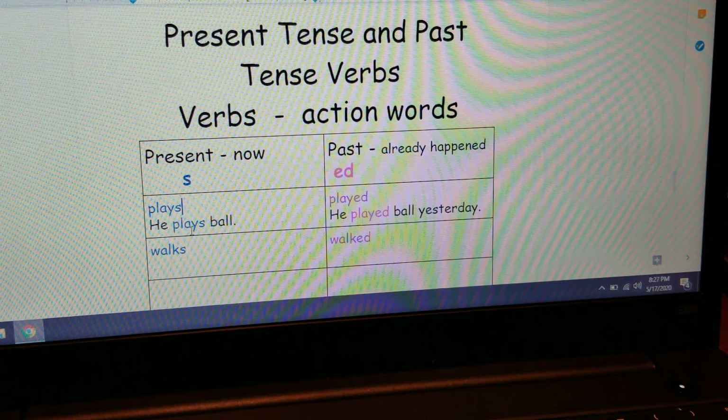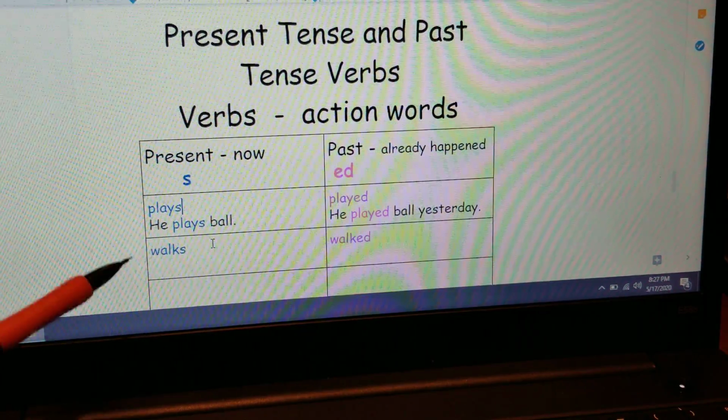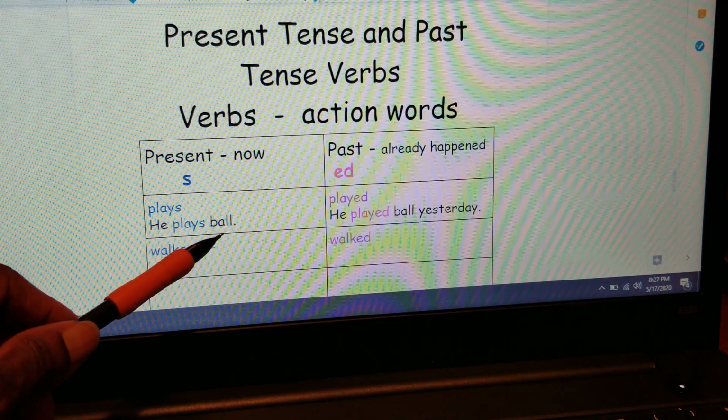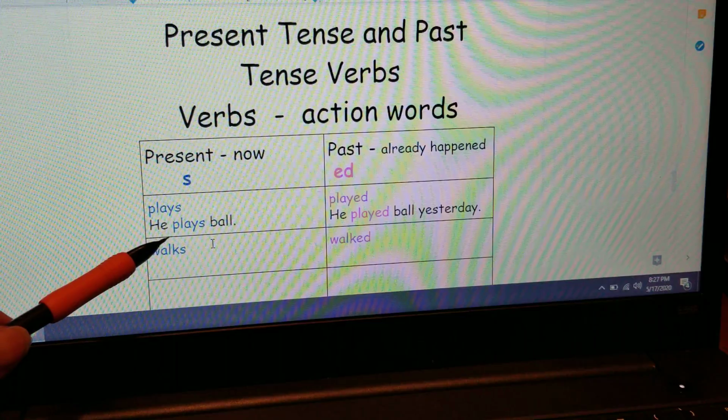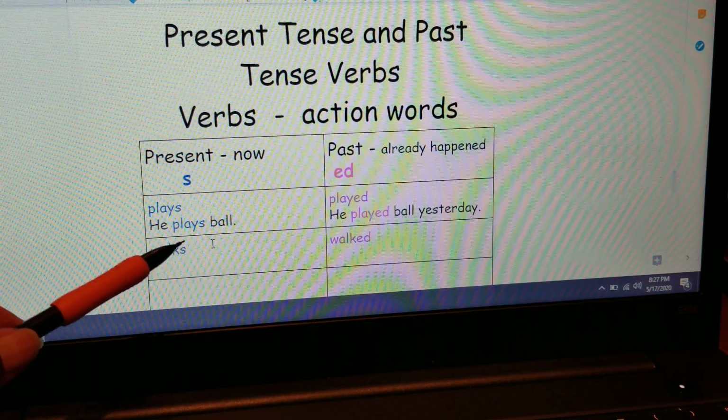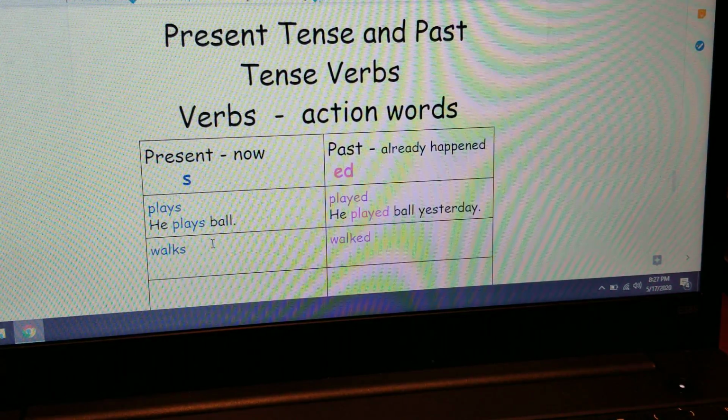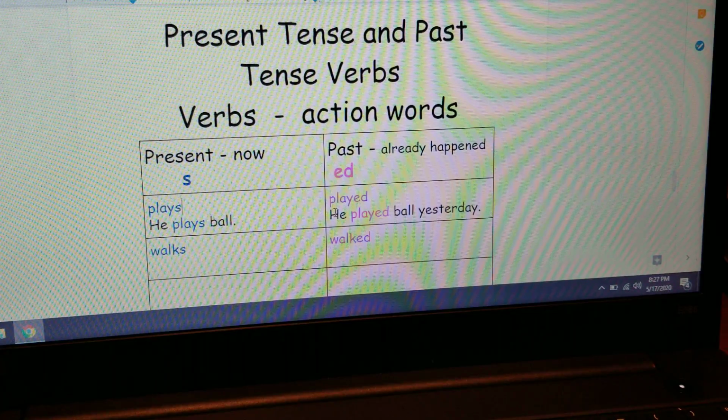And so I use it in a sentence like this. He plays ball. But what if this he person, this boy or man, what if they did it already? Maybe yesterday. Look at my other column. Play now becomes played. He played ball yesterday.